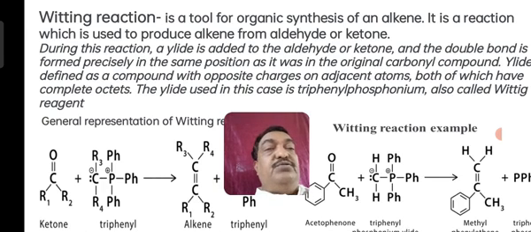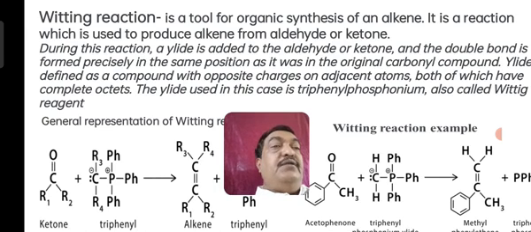The ylide used in this reaction is triphenyl phosphonium ylide, called the ylide reagent. Let me say it in simple words. When an aldehyde or ketone is allowed to react with a ylide, the ylide is a negatively charged species.